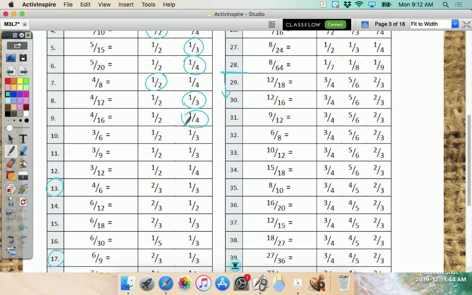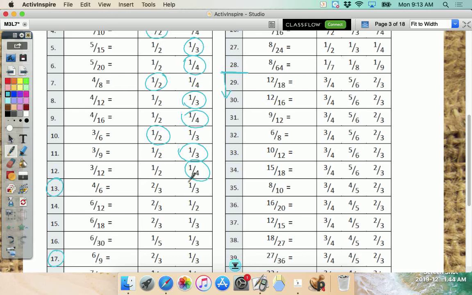Go ahead. Jaden, what'd you get on 10? 1/2. And Adam, what'd you get on number 11? 1/3. And Jay Lee, what'd you get on number 12? 1/5.